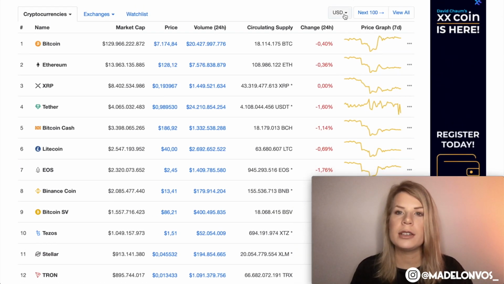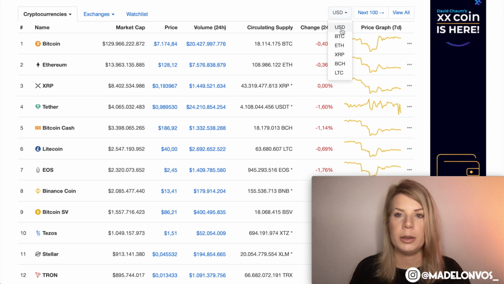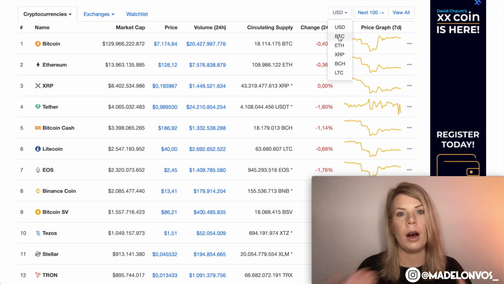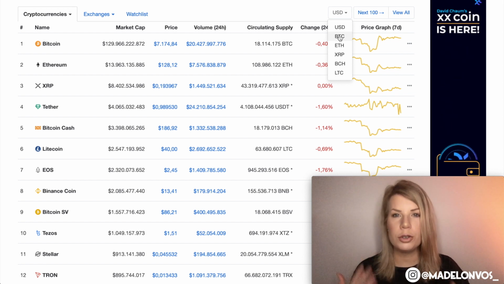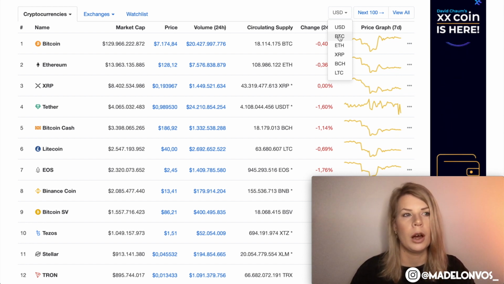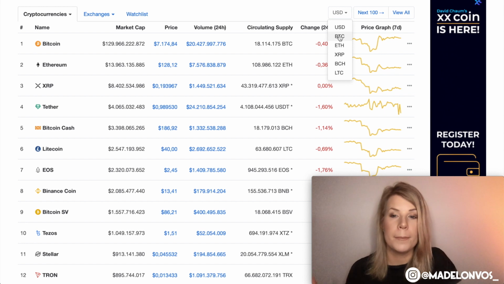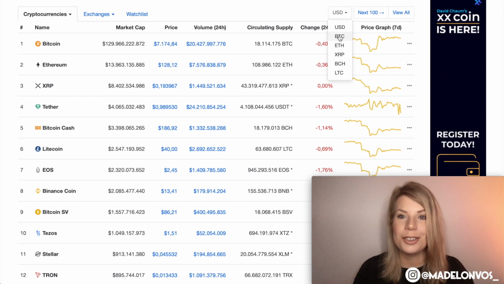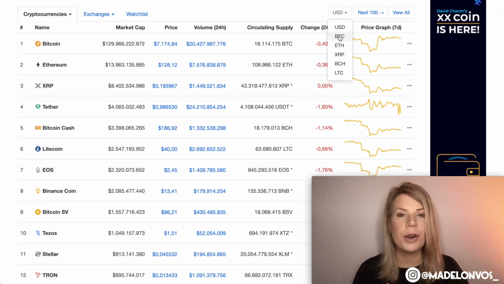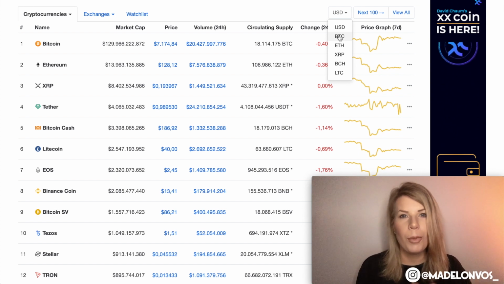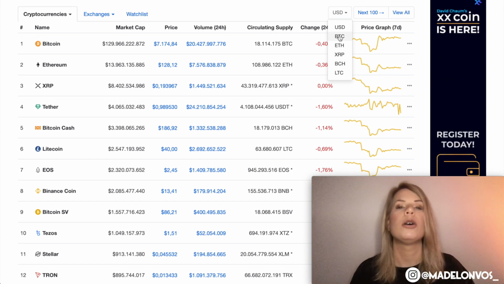What's also interesting is that on CoinMarketCap, you can use the Bitcoin altcoin rate, because this is really good to know. If you're trading, you always want to make more money. Of course, that's your ultimate goal. But when trading cryptocurrencies, most of the cryptocurrency traders also want to have more Bitcoin.